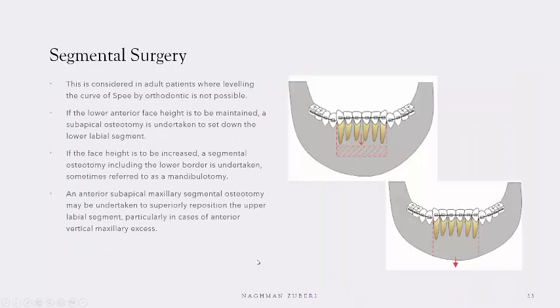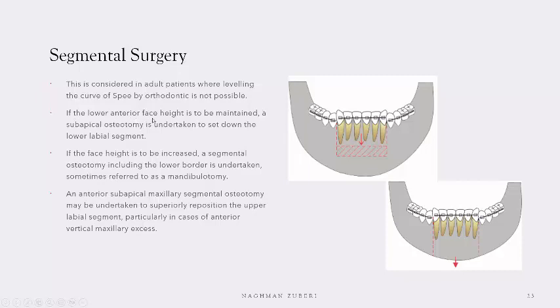Yes, segmental surgery is also possible. You can go for the subapical osteotomy or you can go for mandibulotomy as well, depending upon what you want to achieve. It is only considered in adult patients where leveling the curve of Spee by orthodontics is not possible.